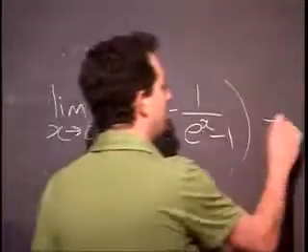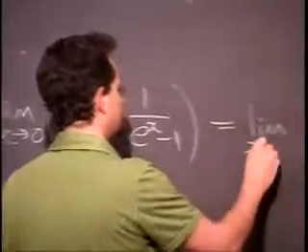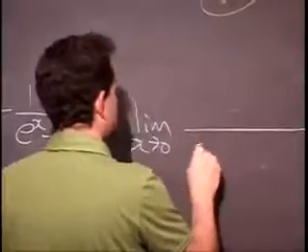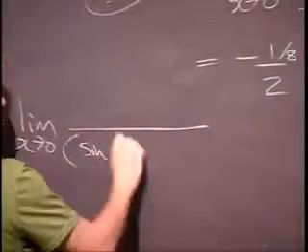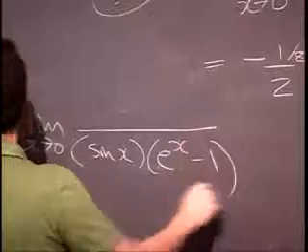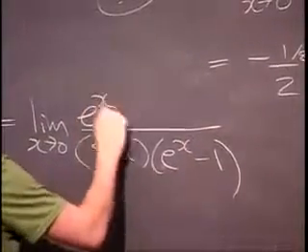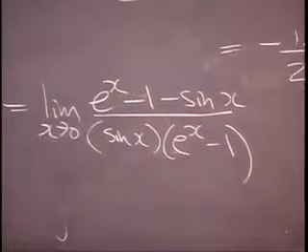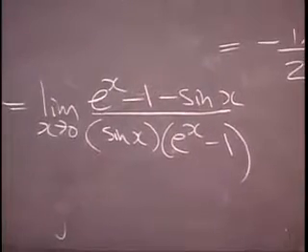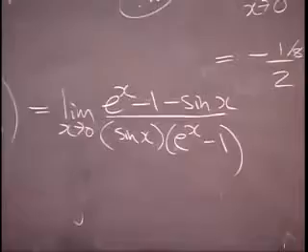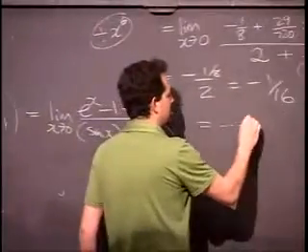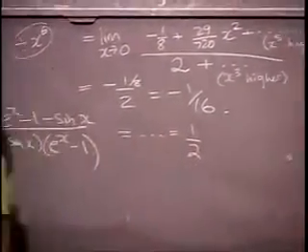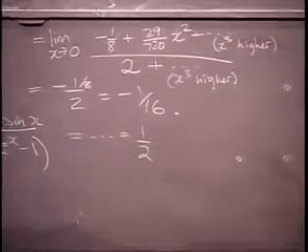But the way you prepare it is to take a common denominator, sine x times e to the x minus 1. And on the top, you're going to have e to the x minus 1 minus sine x. It's pretty similar to the other problem. You should work that out for practice. I think the answer turns out to be a half. So that's an exercise for you, and it's in 26.4.